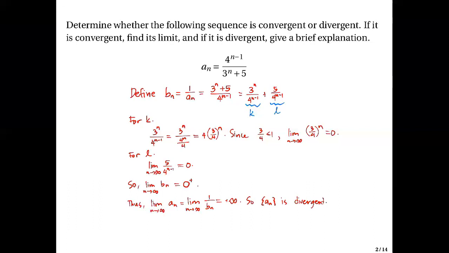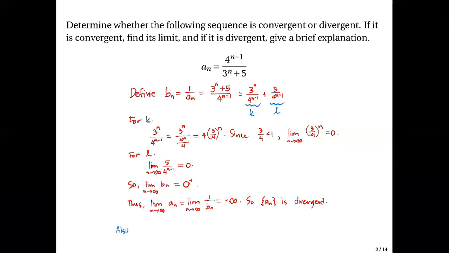So this is one way to determine whether this sequence is convergent or divergent. Another way is, you can define your a sub n as a function by replacing n with x. Then you can apply L'Hopital's rule. And still you will get plus infinity. Okay? So let me remark that.